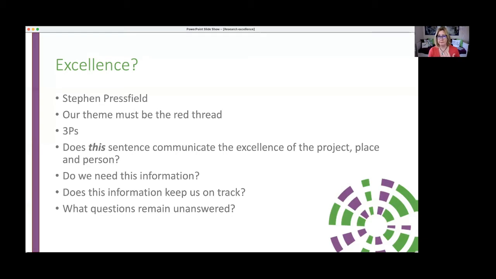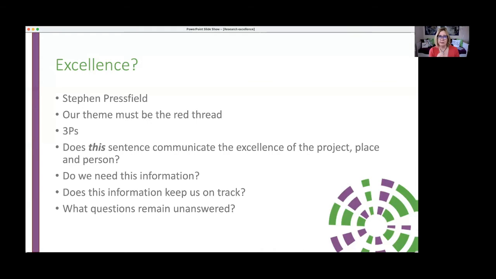The project: why is it timely, why is it important, why must it be funded above all others? And then the place: why have you chosen to do that particular research in that place? For a fellowship, we really do need to have that excellence of all 3 thread through. So part of that is our theme.